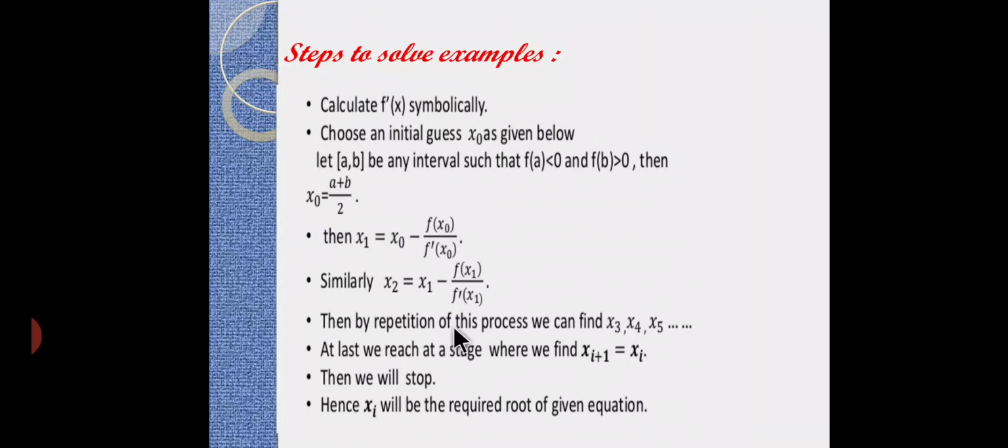Then by repetition of this process, we can find the x3 value, x4 value and so on. At last, we reach a stage where we find xi plus 1 is equal to xi. Then we stop the procedure. Hence, xi will be the required root of the given equation f of x is equal to 0.